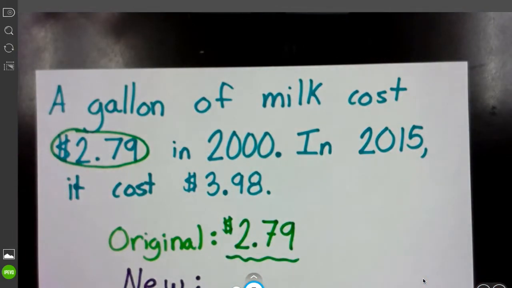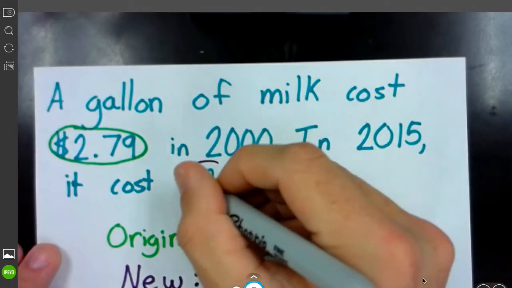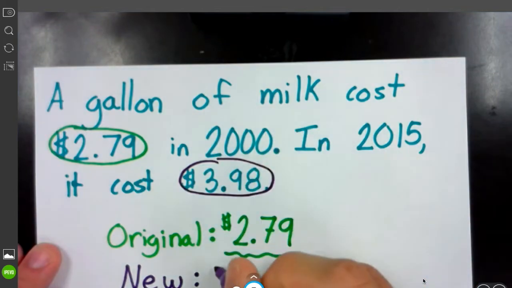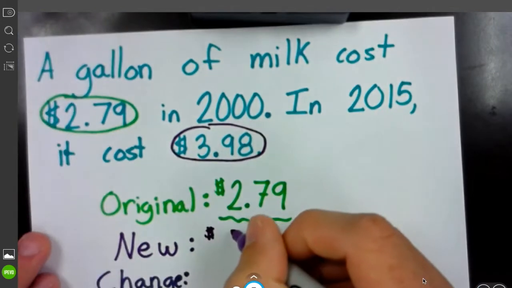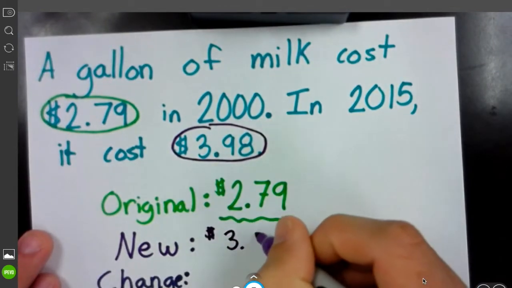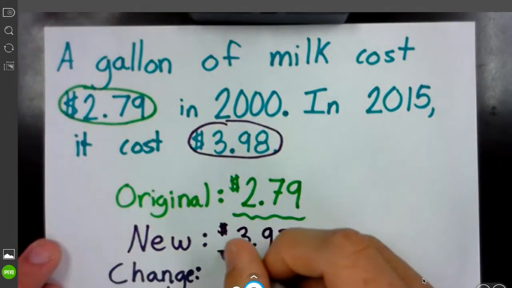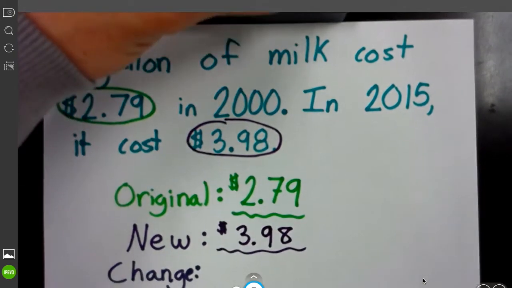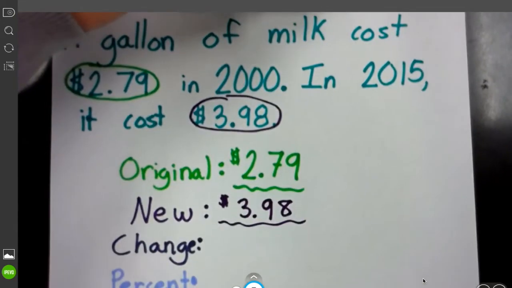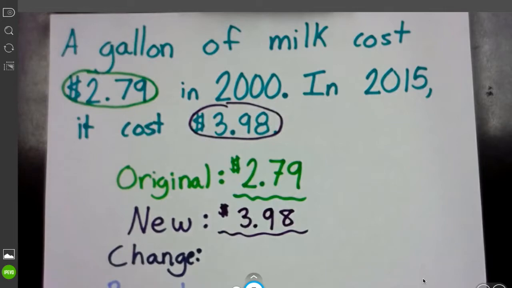But then what was the new amount? Well, in 2015, it was $3.98. So the new amount for this problem will be $3.98. All right, so we need to figure out the change. Remember, I told you to find the change, you have to subtract two things. We're going to subtract these two numbers.